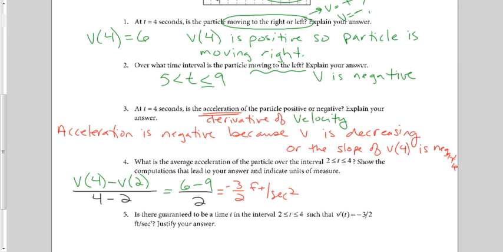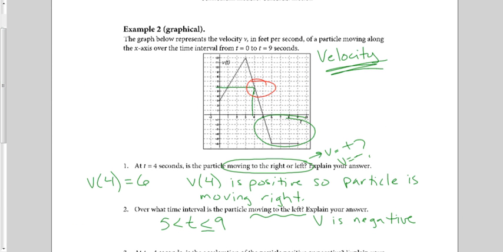Number 5, is there guaranteed to be a time in the interval between 2 and 4, the same interval I was working on, such that my derivative of v, or the acceleration, is equal to negative 3 over 2? So what we need to look at is whether v is continuous and whether v is differentiable. I'm going to scroll back up so we can see the graph. V is continuous. That part I'm positive of. Continuous, no doubt in my mind. The question is, is it differentiable?